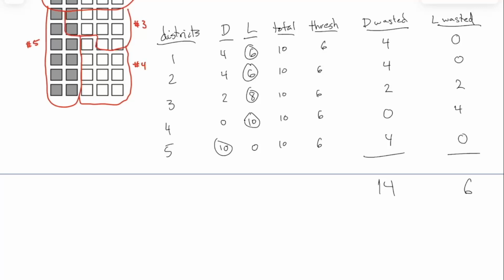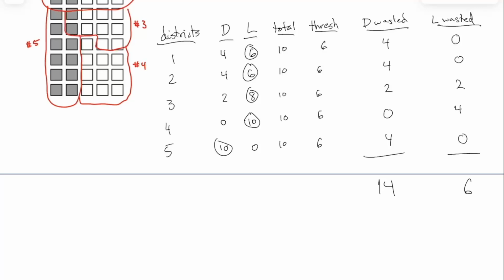So the D's are wasting many more votes than the L's. That suggests that the map is biased against the D's and in favor of the L's, because the D's are wasting more.